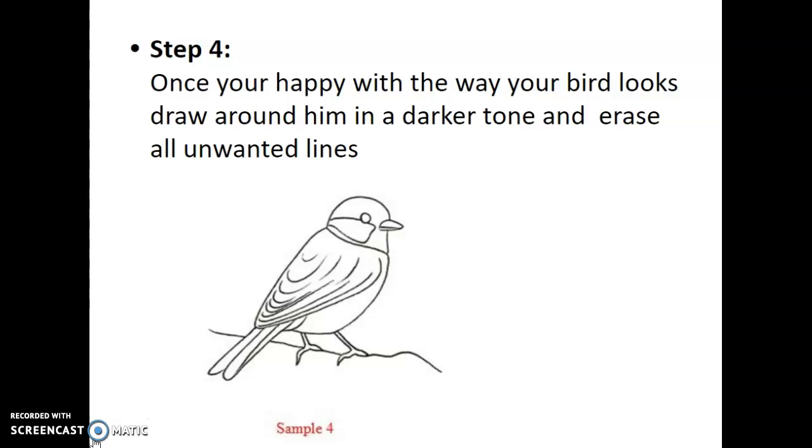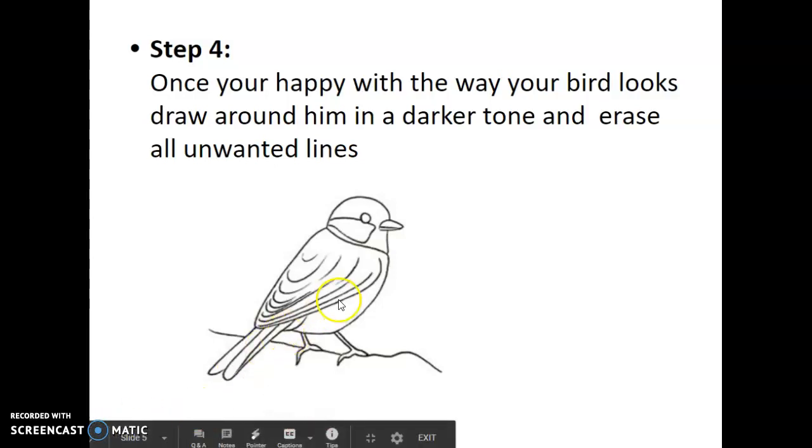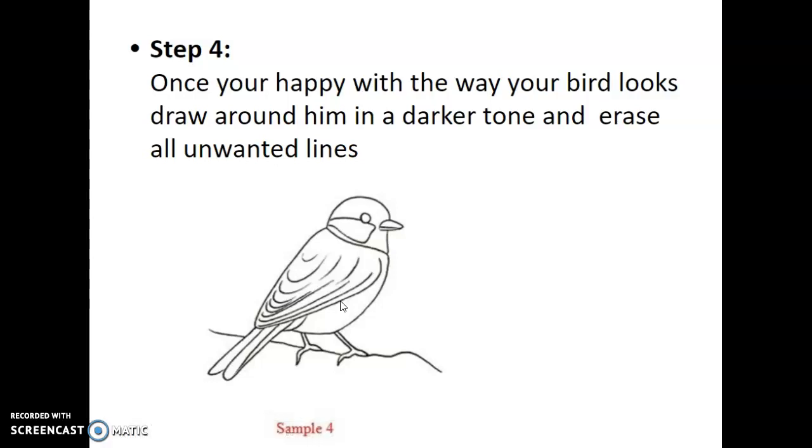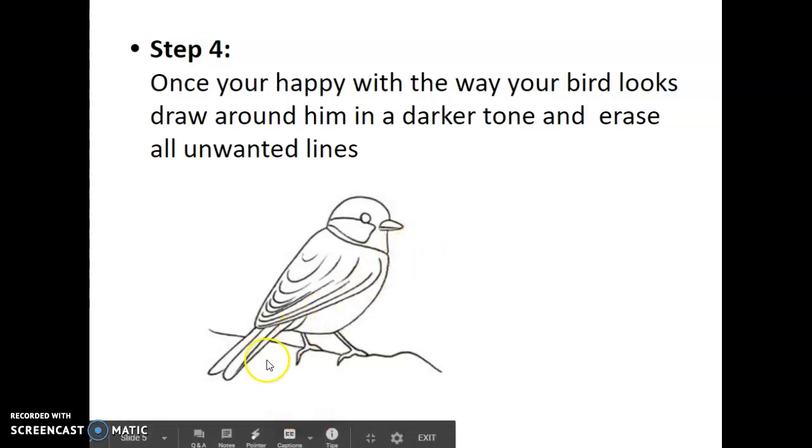And if there are some lines, you might need a rubber for this. Can you see that all the lines? Do you see when we made in the beginning of your drawing that you had the circle and the oval? Now those, you can rub out those lines that you don't want. So then your bird will look something like this, depending on the bird that you've chosen.